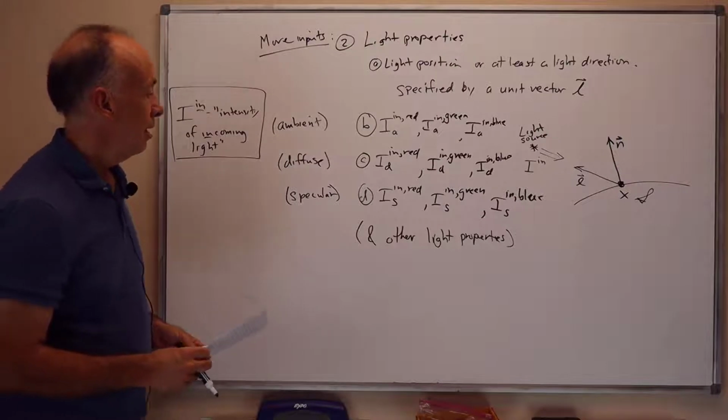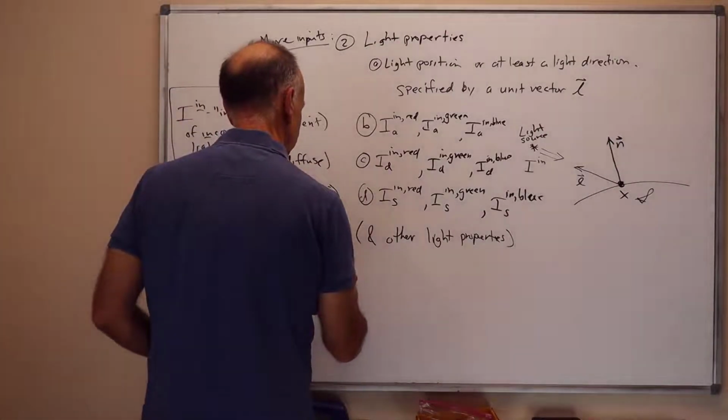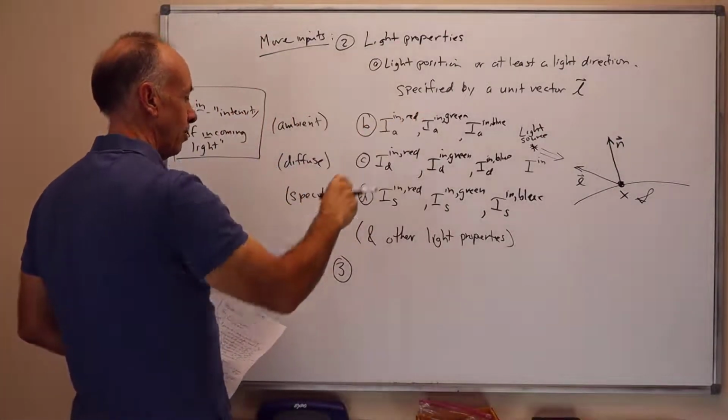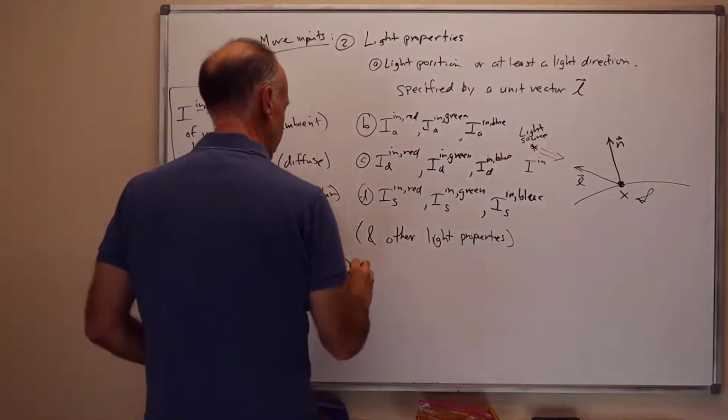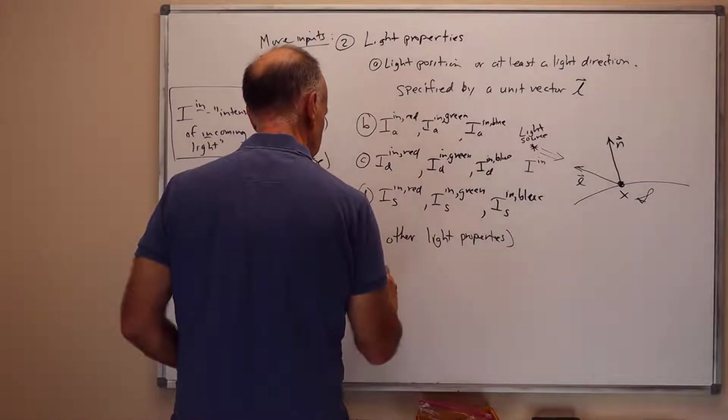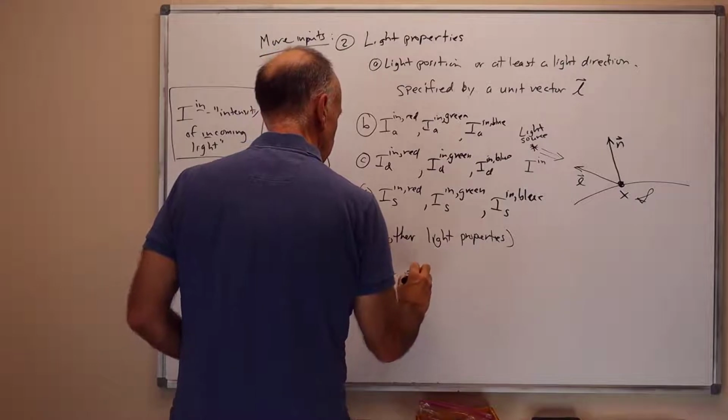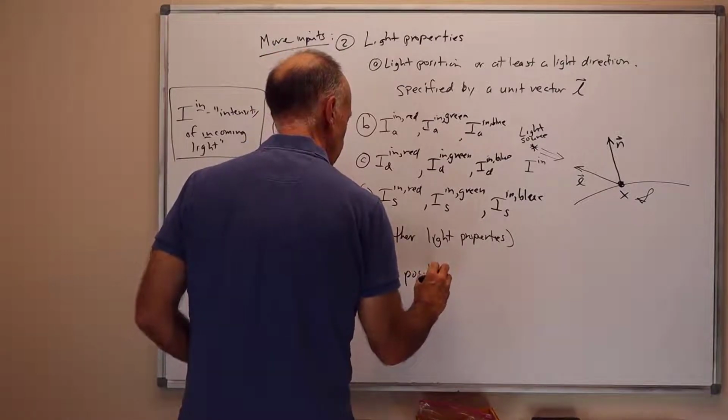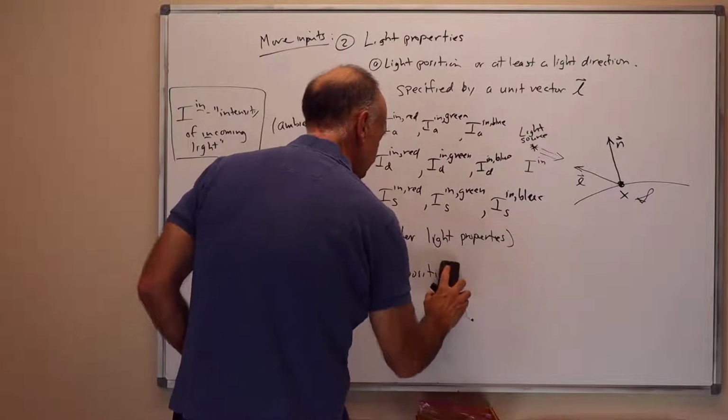Okay. And then the third input. We did the light properties and the surface properties. The third input is the viewer position, or at least the direction to the viewer.